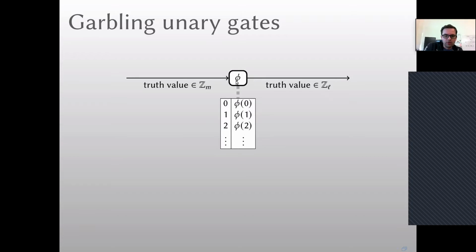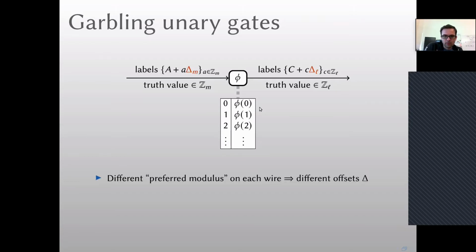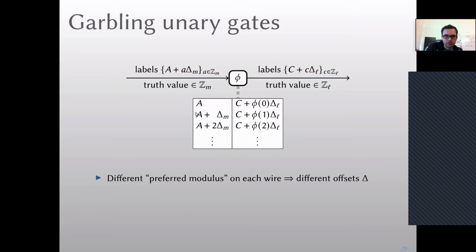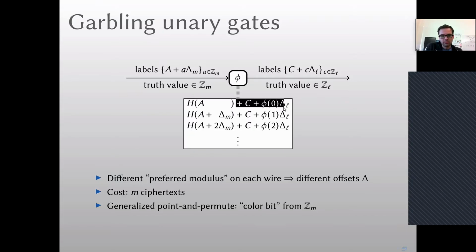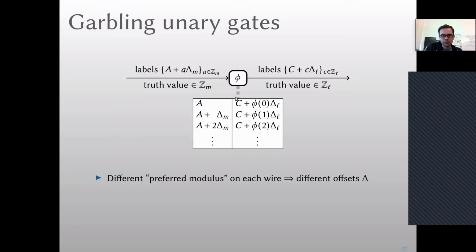So garbling a unary gate is easy. Here's the truth table of this unary gate. If you have input 0, you get output 5, 0. Now you have these wire labels on the inputs and outputs, and you can arrange them in the usual way. If the evaluator knows A, they should learn C plus 5, 0 delta.